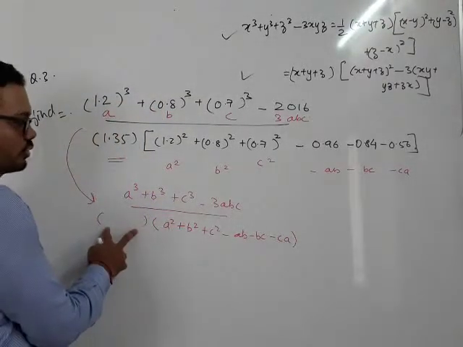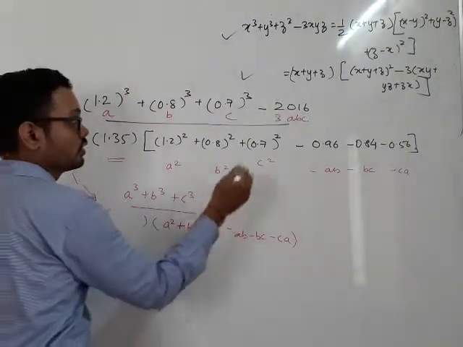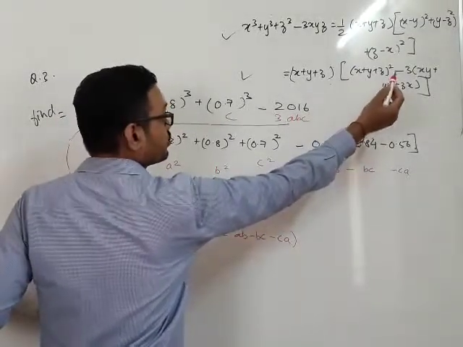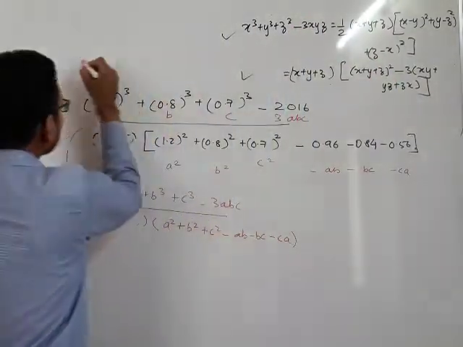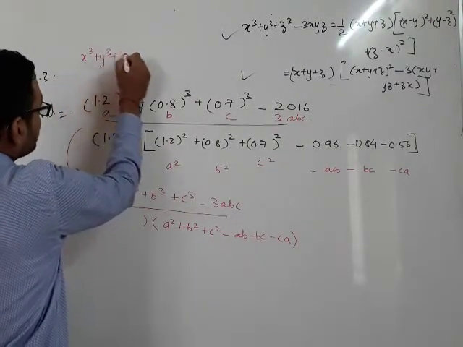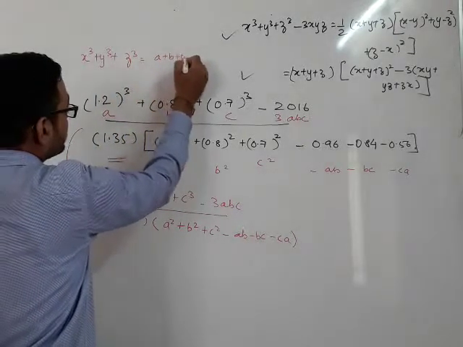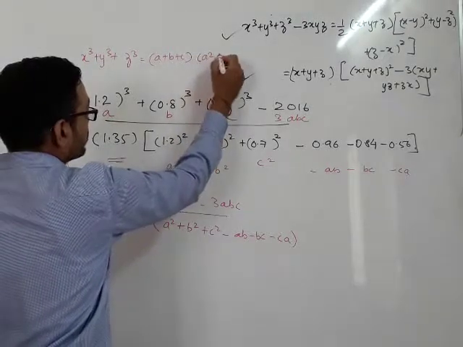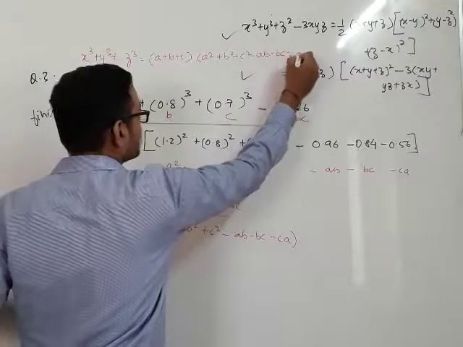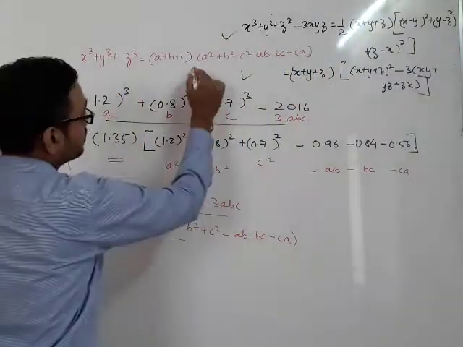So what do you think should be here? We know that a cube plus b cube plus c cube minus 3abc is equal to a plus b plus c into, our first formula, a square plus b square plus c square minus ab minus bc minus ca.